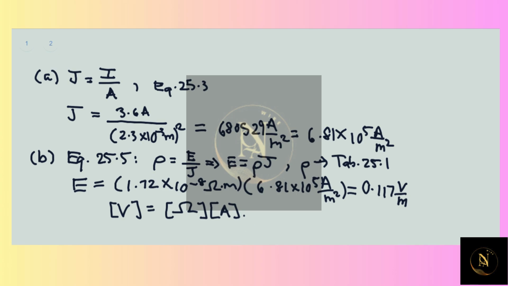the unit of current. And in part C now, we're asked to find how much time is required for an electron to travel the length of this wire. So we're asked to find the time. We can do this by using the equation that velocity is the distance it needs to travel over the time it needs to travel.